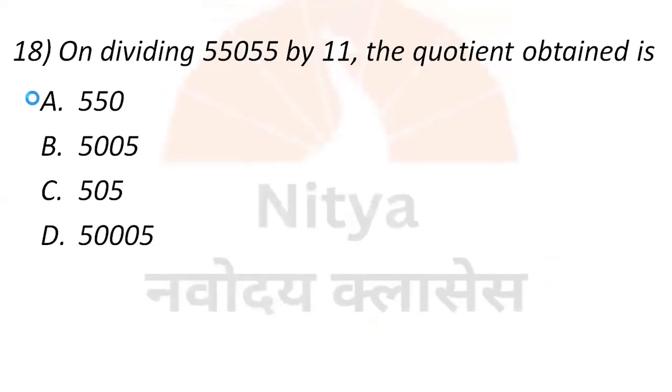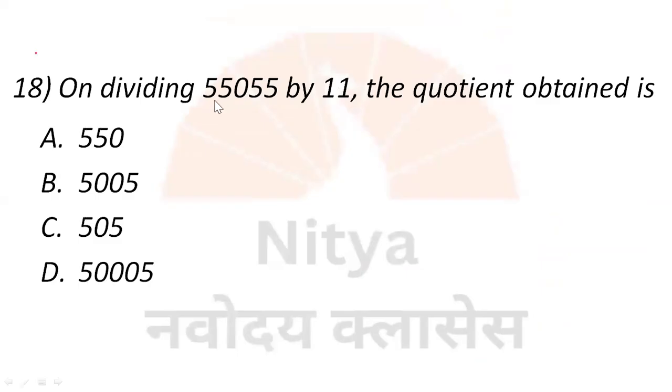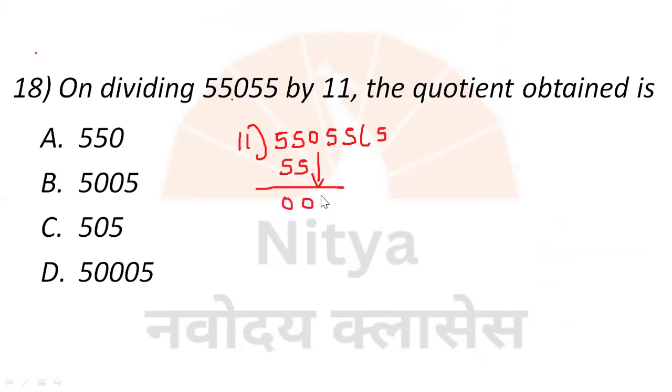Next one. On dividing 55,055 by 11, the quotient obtained is. So simply you have to divide it. So 11 5s are 55, 0, 0, and you have to bring down 0.